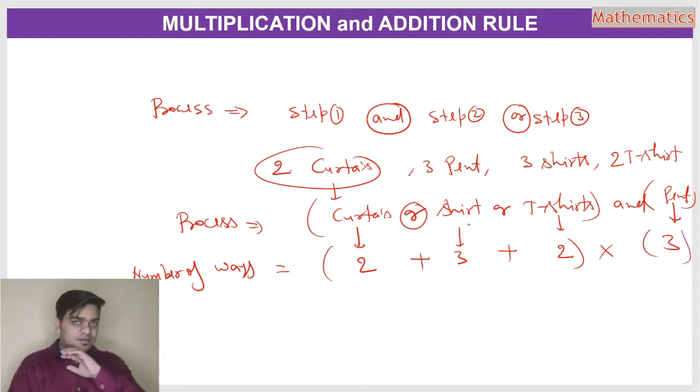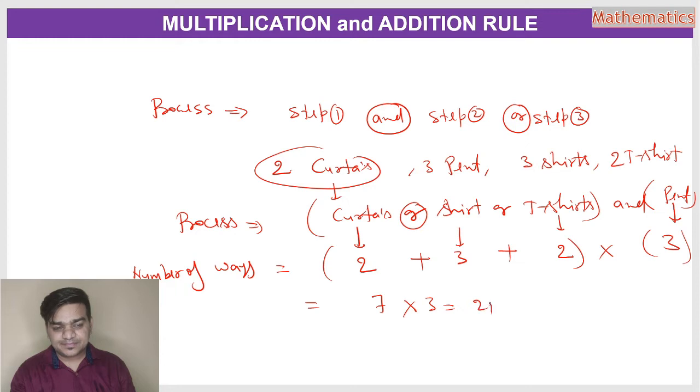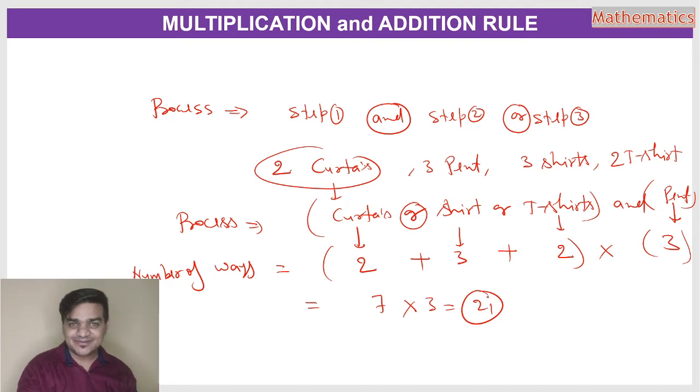Okay, listen again. At the place of "and", you have to use the multiplication sign. At the place of "or", you have to use the plus sign. Now, what is the calculation? 3 plus 2 plus 2 means 7, into 3 means 21. It means there are 21 ways to complete this process.